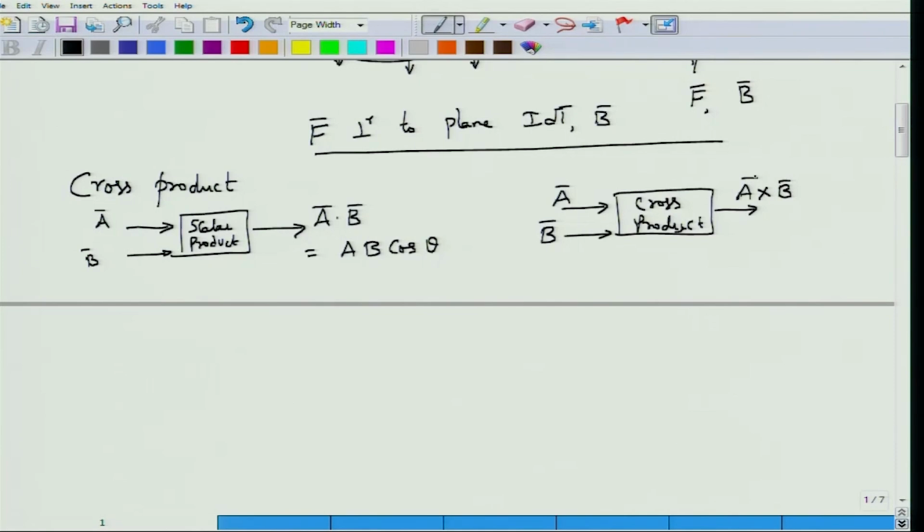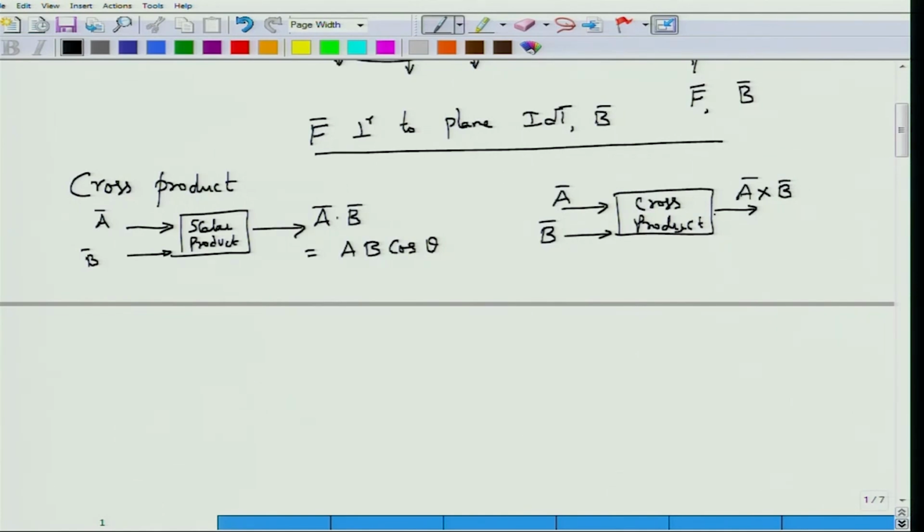You can see that this is something we would want, because you can take one vector as IDL, the current element along the direction DL, and the other vector as the B vector of the magnet itself. Sorry, I gave away the game, it is the magnetic field B. So, you have vector A and vector B, and the result can be the force on the current carrying conductor, which is another vector, perpendicular to the plane that contains both the vectors.